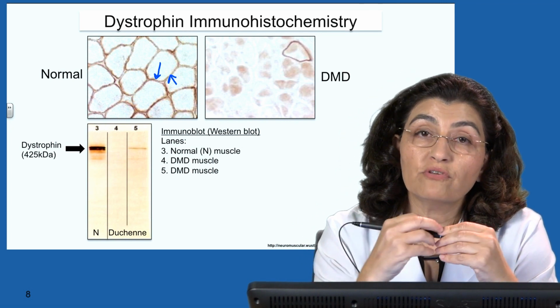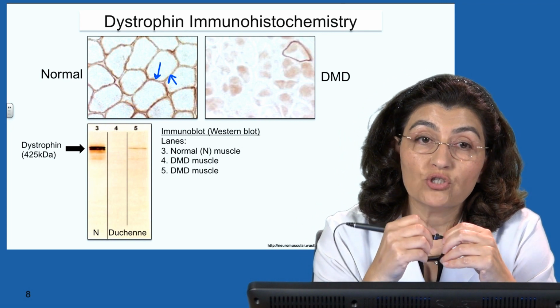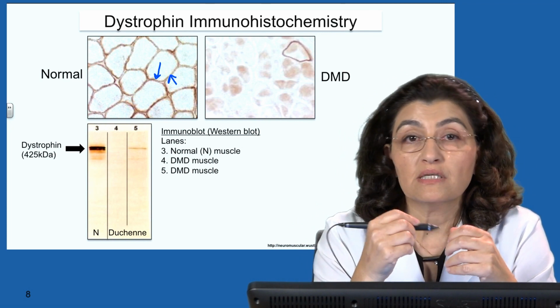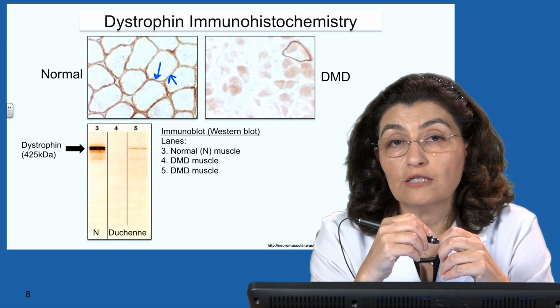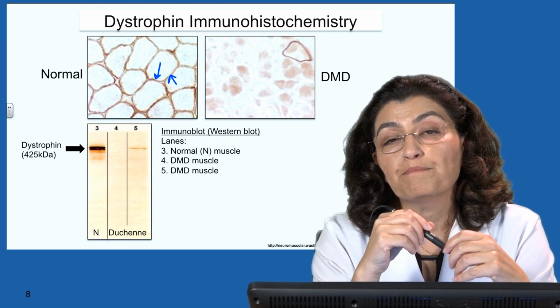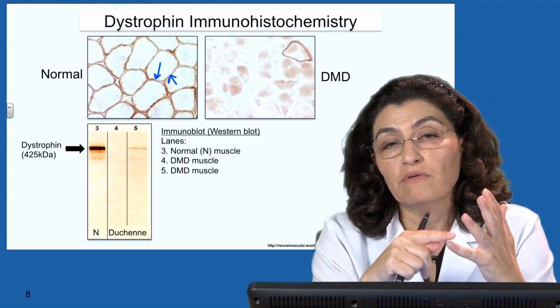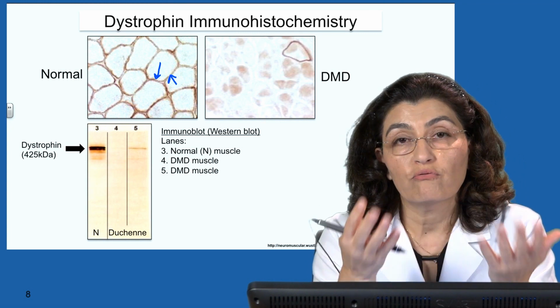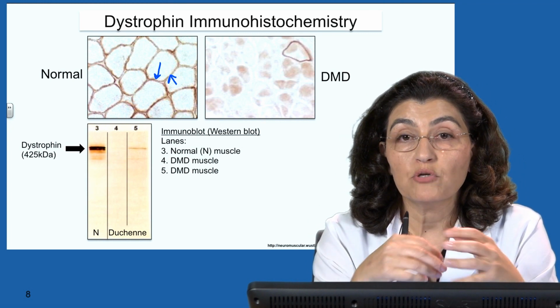The other way of diagnosing the lack or inefficiency of dystrophin would be by Western blotting. Actually, it's not a bad idea to combine both because we have the clinic, we have genetic studies, we have our morphology to help us, and then we have immunohistochemistry.